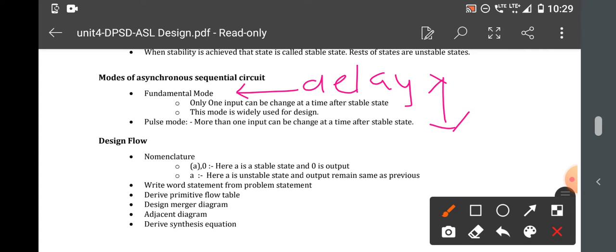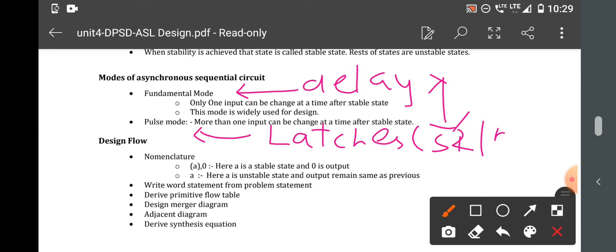If we use latches, that is unclocked flip-flops, and there are two types of latches, SR and D, then that particular operational mode is called pulse mode. So you can design the circuit either under the fundamental method or the pulse mode method.